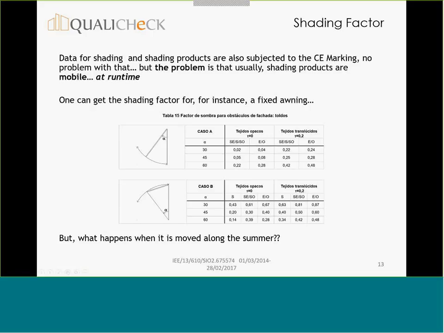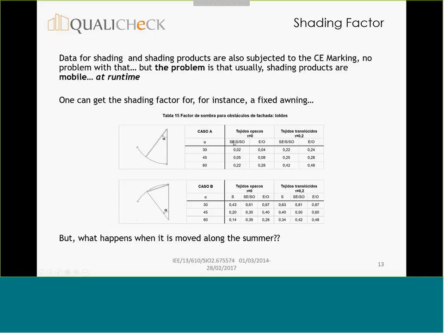For fixed elements, for example, a fixed awning, an awning which is installed and is stable during the whole summer, we have here, as a function of the transmissivity of the material, this is opaque and this is translucent.